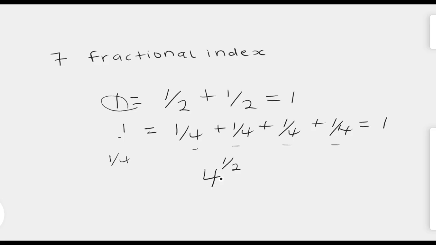This is a fractional index because the index is in fraction form, and whenever we have a fractional index, what we simply do is check the up, which is the numerator, and the down is the denominator.